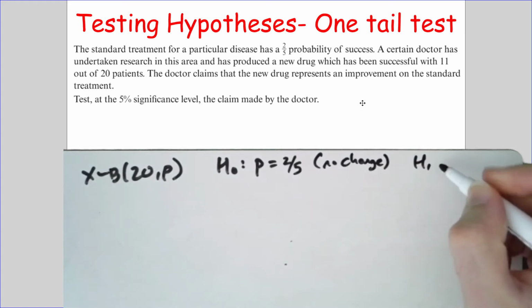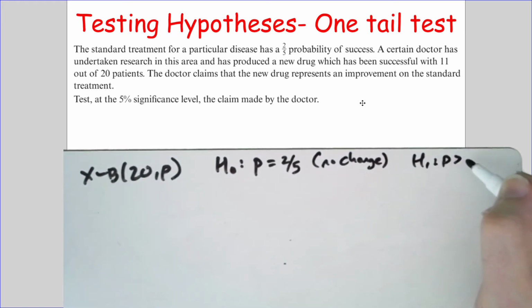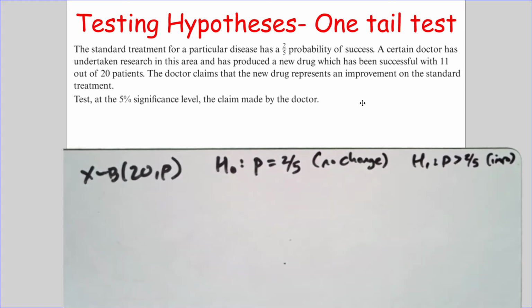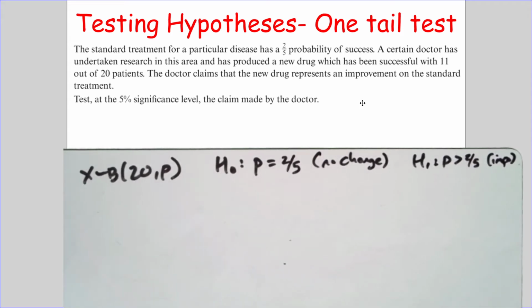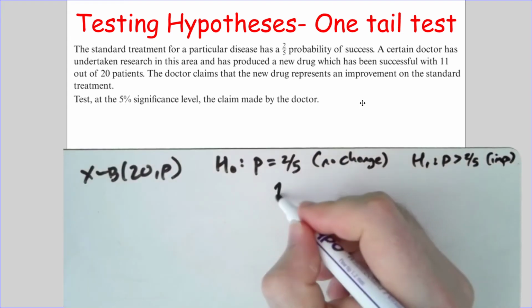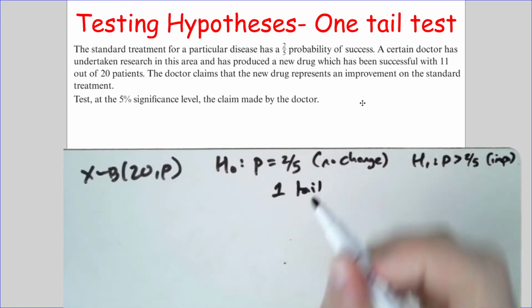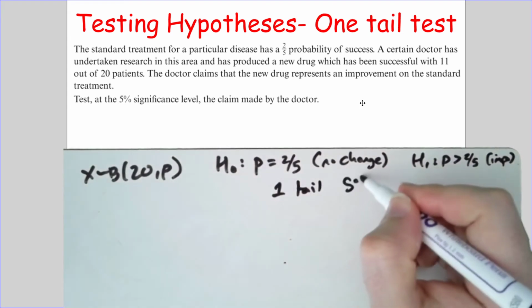And our H1 is p is greater than 2/5, and this is improve. So if there is enough evidence to say this isn't true, our assumption is going to be it's improved. So this is a one-tail 5% test.